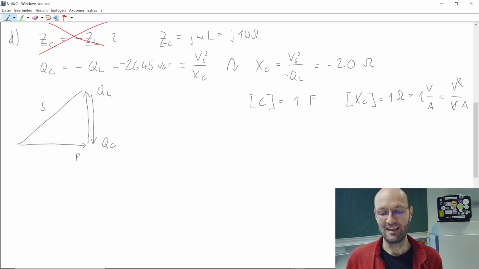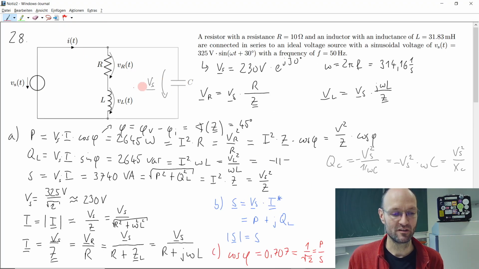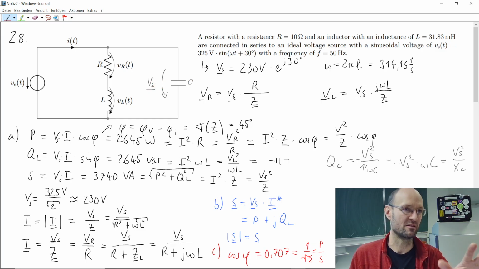Yeah? And why does it not work so easily this way? Unfortunately, it does not work so easily this way because we don't have the same voltages across these impedances. Here we have the full voltage, and here we just have a partial voltage, and that's why we also get different impedances at the end. If we would have no resistor at all, so if this voltage would be very similar to this voltage, then it would fit more or less.